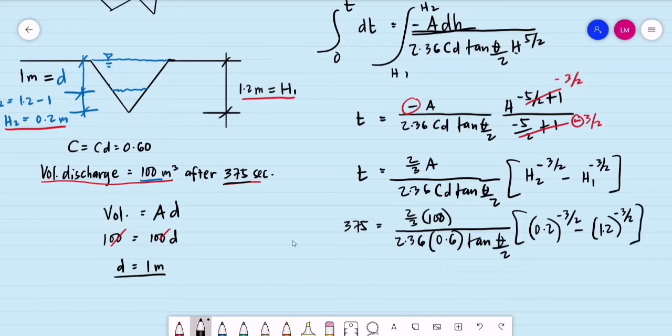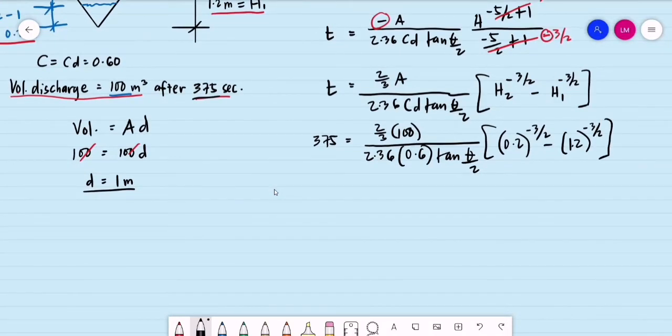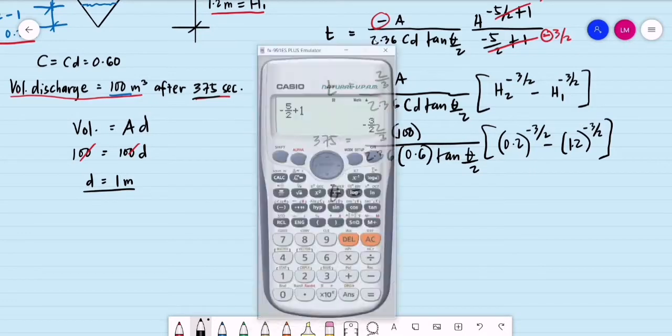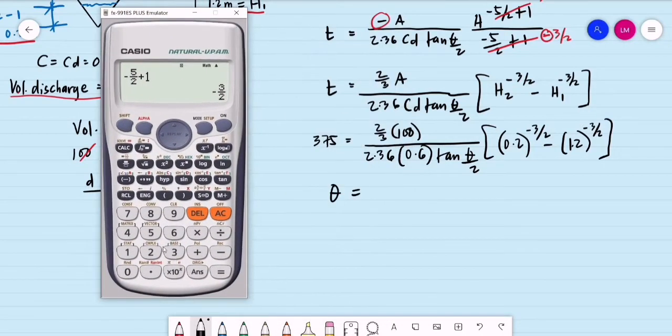Yan. Kunin natin yung value ng theta. Tingnan natin kung kaya ito ng shift solve. Is 375 is equal to 2 over 3 ng 100. This is 2.36. Coefficient of discharge is 0.6.